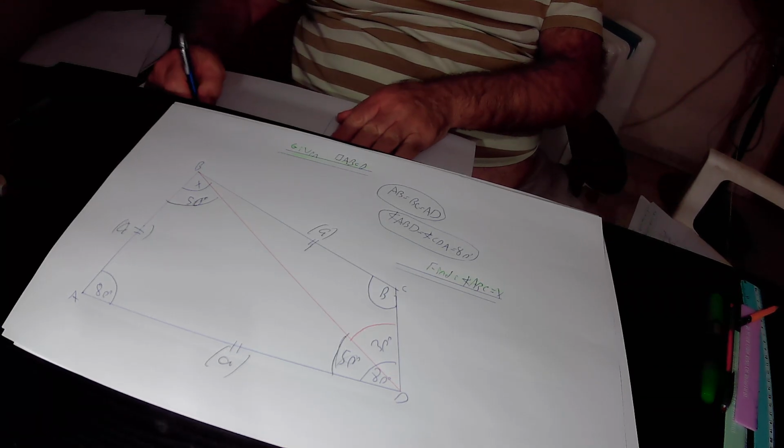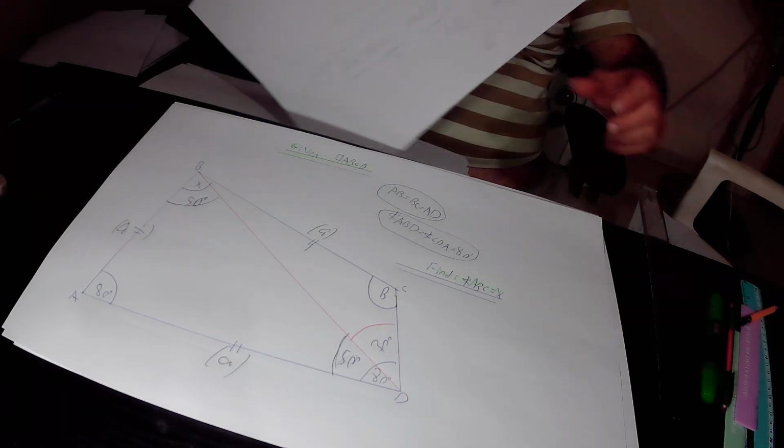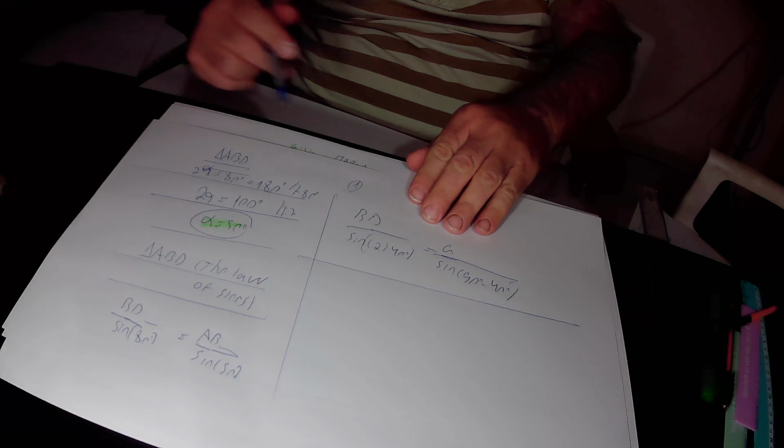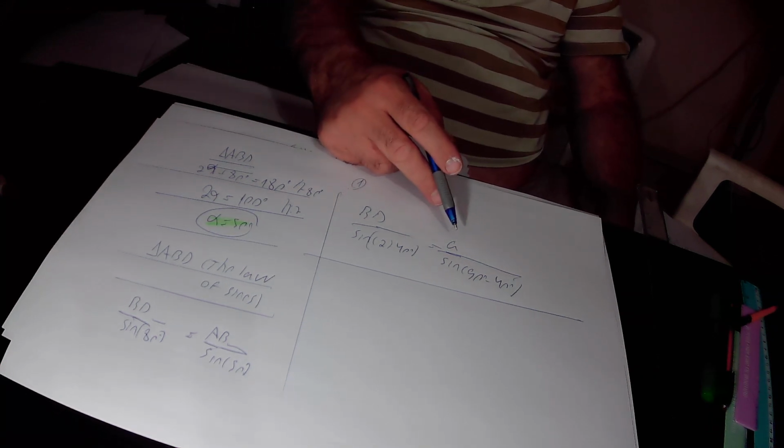So in total, we have found out that according to the law of sines, BD over sine 2 times 40 degrees equals A over sine 90 degrees minus 40 degrees.